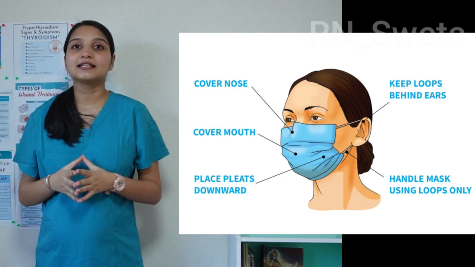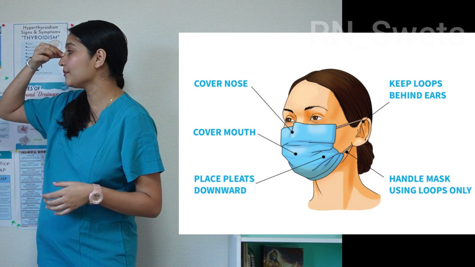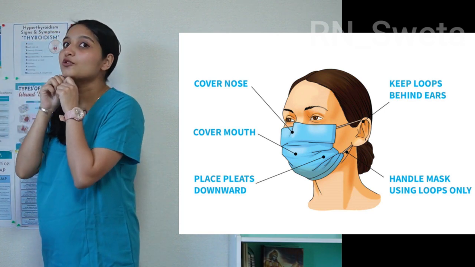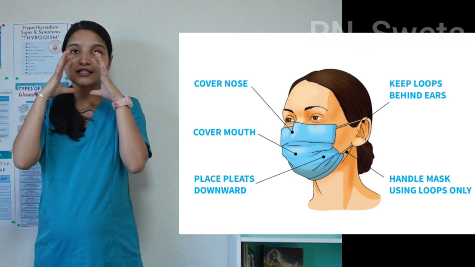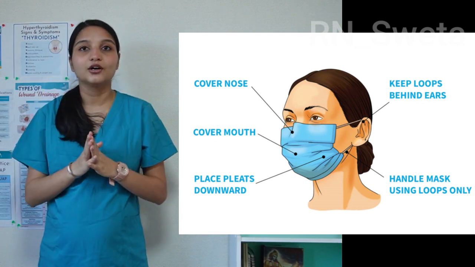Okay, the second thing that we don is the mask or respirator, as we call it. So the mask, guys, always has to be fitted here on the nose bridge, and down it should be below the chin so that it covers this entire part. Okay.